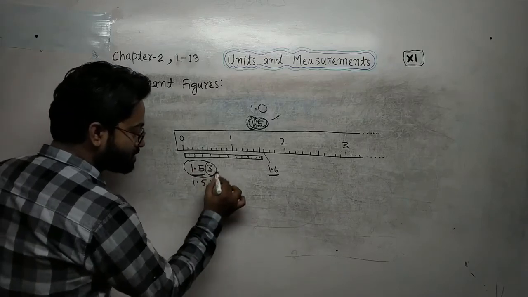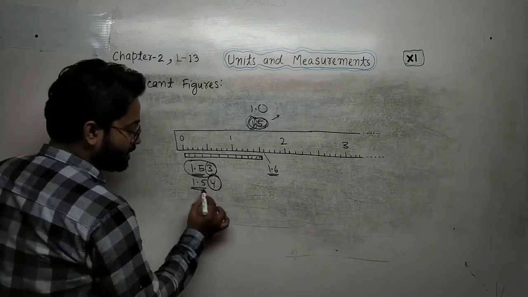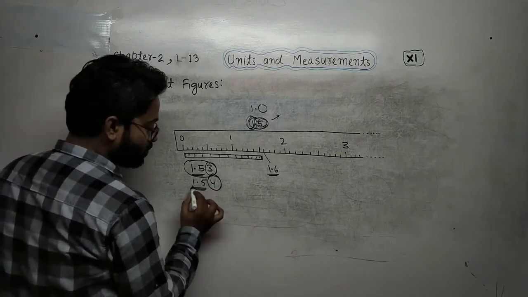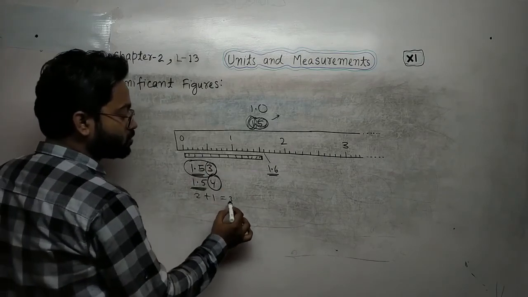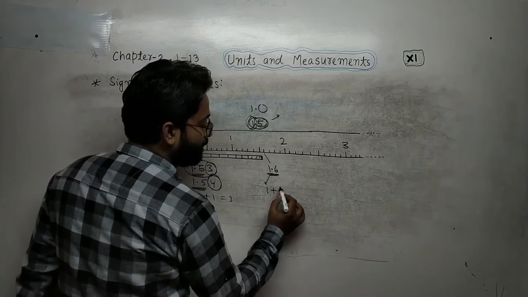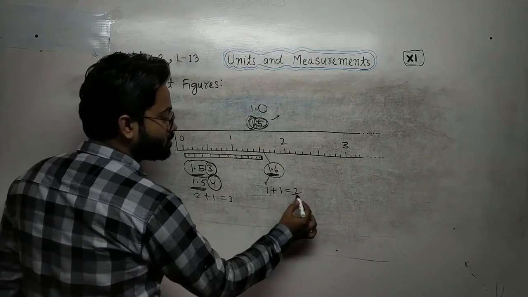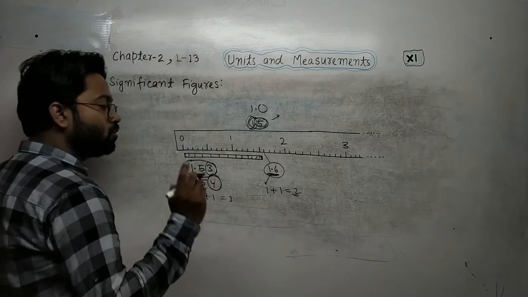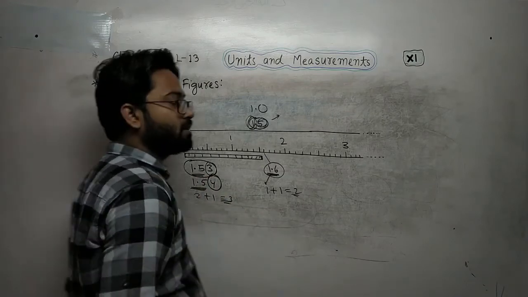It means the last digit is uncertain. The number of significant figures is 2 plus one uncertain digit, which equals 3. In this you have one certain digit and one uncertain digit, so you have two significant figures, and in this you have three significant figures.